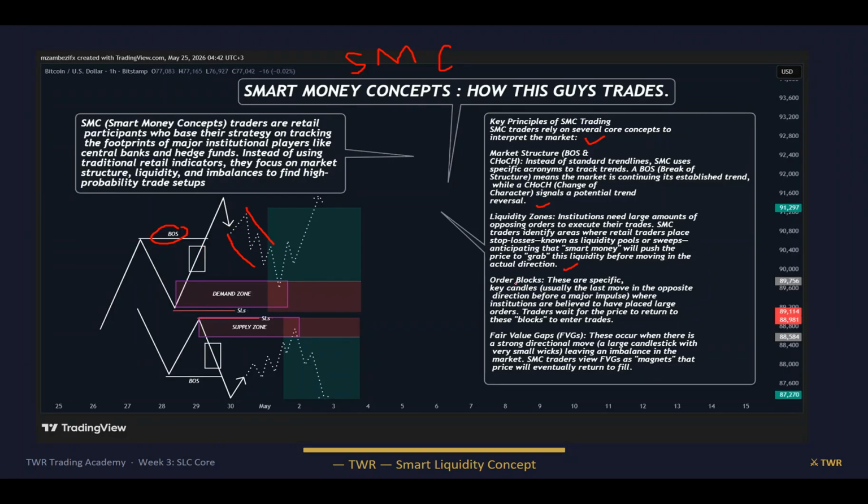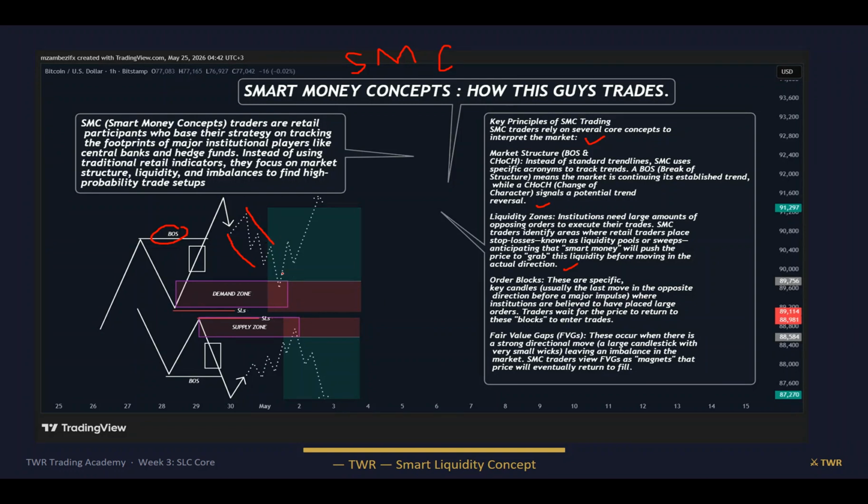So another thing, order blocks. These are specific key candles, usually the last move in the opposing direction before a major impulse, where institutions are believed to have placed their large orders. Traders wait for the price to return to these blocks for them to enter trade.